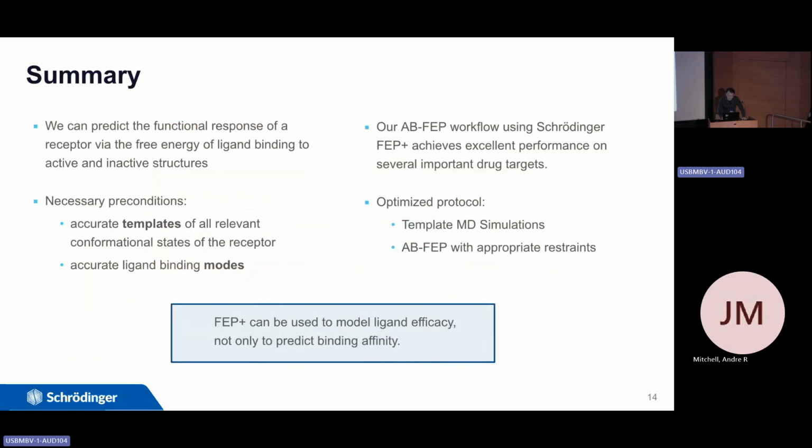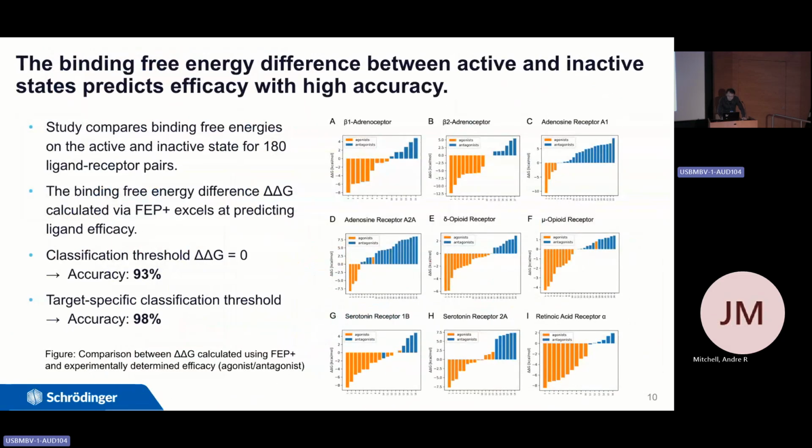Yeah. So I only showed the data for the delta G, that is the calculated binding free energy between the active versus inactive state, to predict the functional response. But in the paper we also do a detailed comparison between the predicted DG for all the agonists, for example, as compared to experimental results.